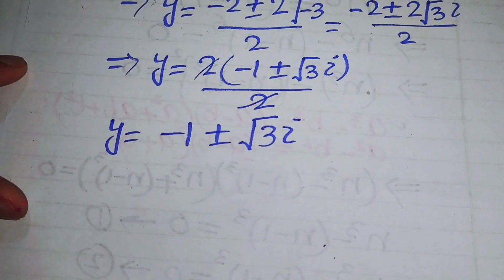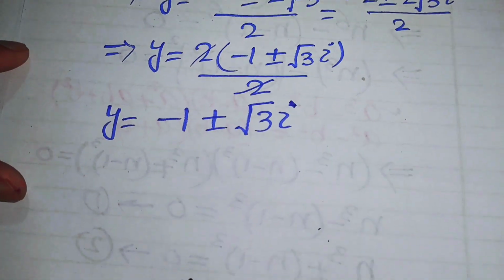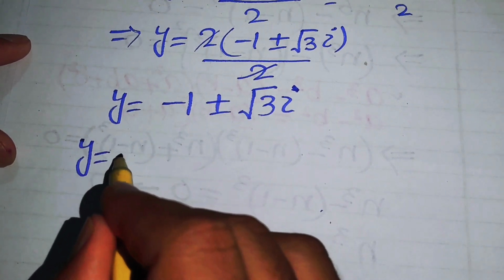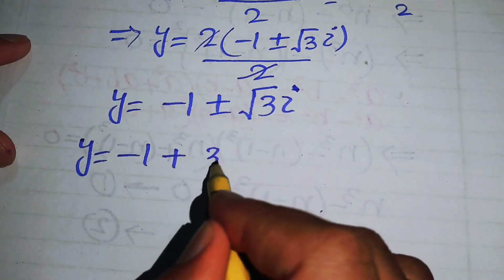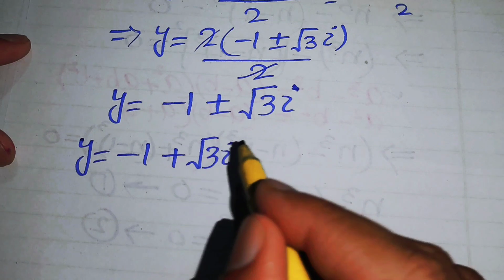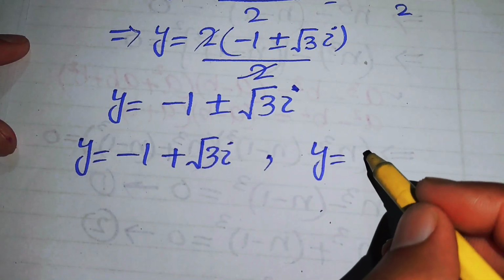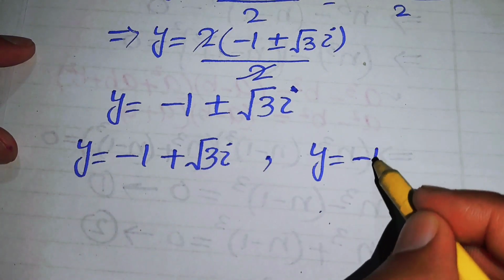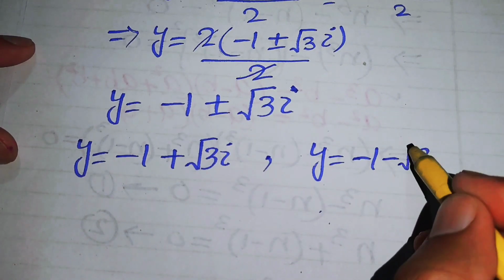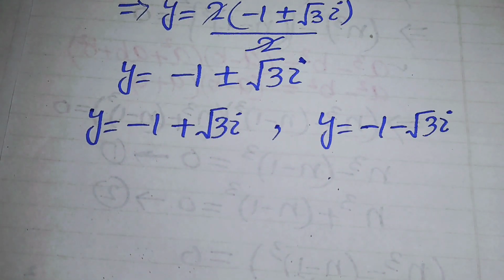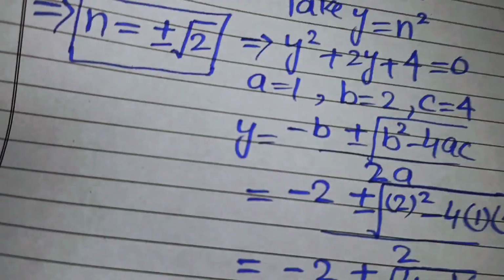So here we have two cases. The first case is we write the positive term, which is minus 1 plus square root of 3 iota, and the other case is we write the negative term, which is y equals minus 1 minus square root of 3 iota.